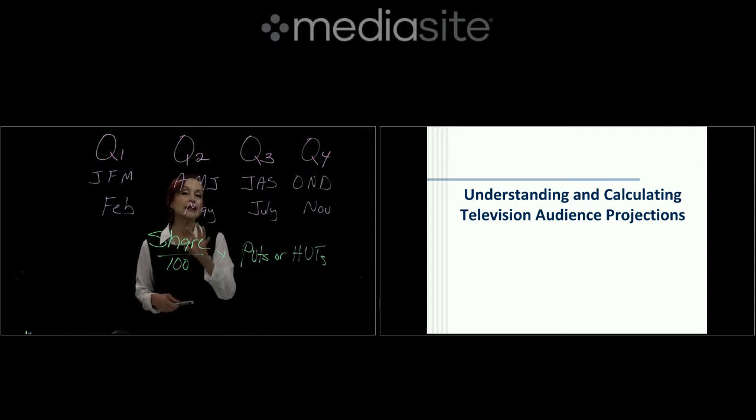A share is how well a television program is doing at the specific period of television viewing. Think of, let's say, adults 18 to 49 viewing on Monday between 8 to 9 p.m. as a pie.